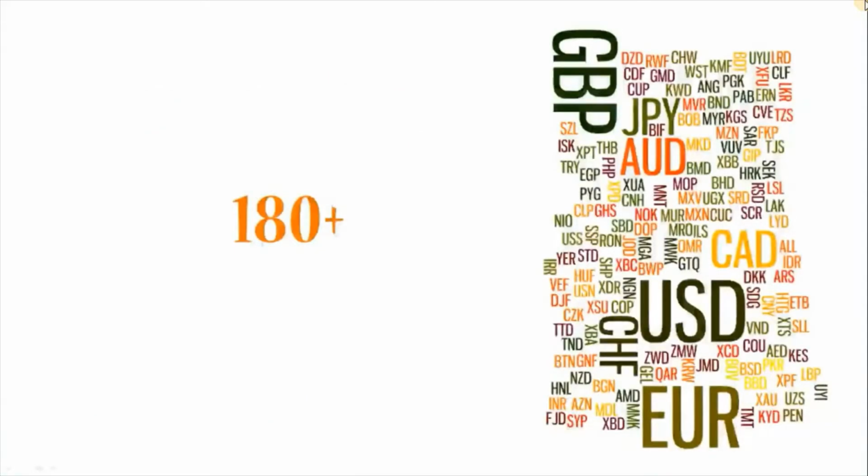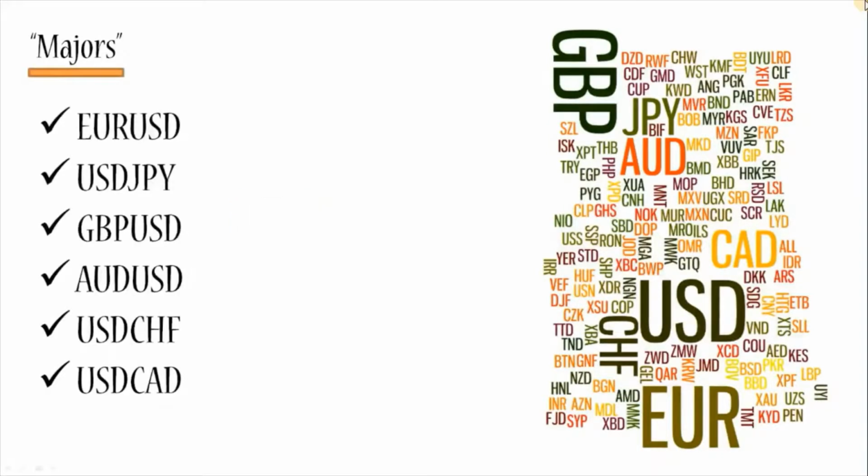There are over 180 currencies in the world, and you can combine any two of them to give you a currency pair. Most traders identify two main groups of currency pairs, and these are the majors: the euro-US dollar, the dollar-yen, the British pound-dollar, the Australian dollar-American dollar, the dollar-Swiss franc, and the dollar-Canadian dollar.